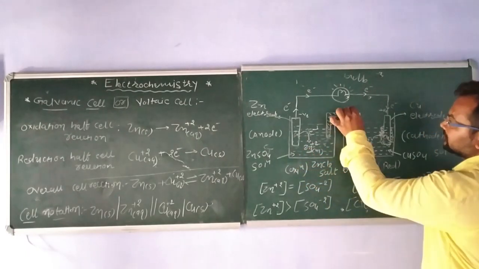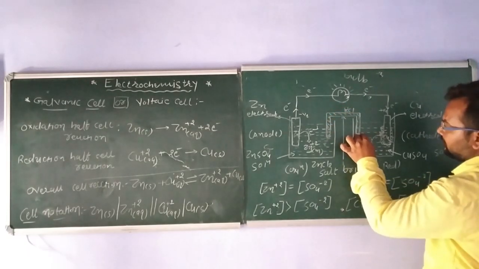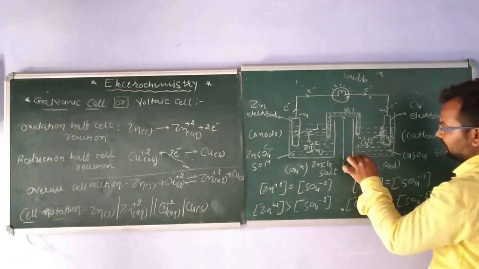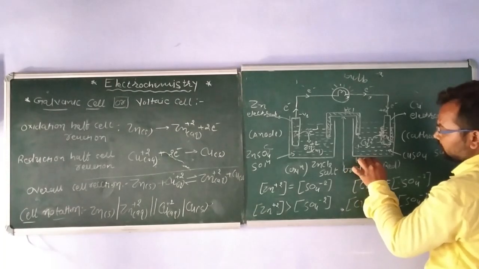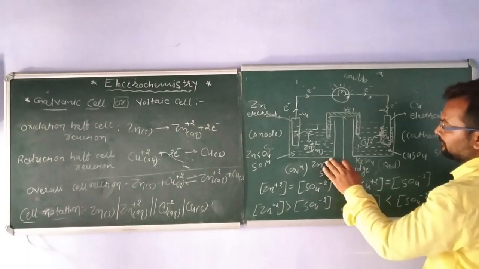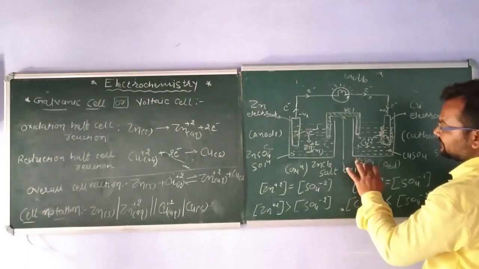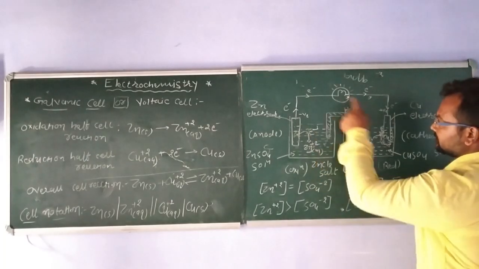Likewise, K plus migrates toward the SO4 minus 2 and it is converted into K2SO4. So the reaction is balanced and the process continues ahead.